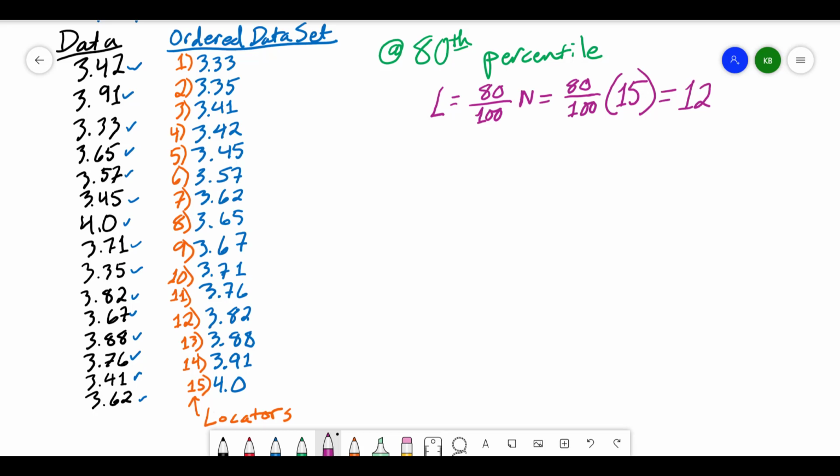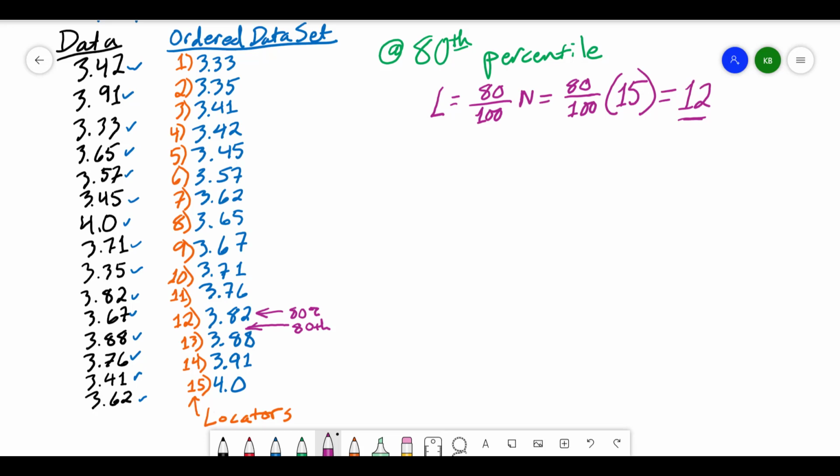Now, what a percentile is telling us is that 80% of the data falls below that value. So position 12, this one right here, is the 80th percentile. Since it says that 80% fall below the value that is the 80th percentile, that means I need to bump the 80th percentile up just so it's above that 12th value.